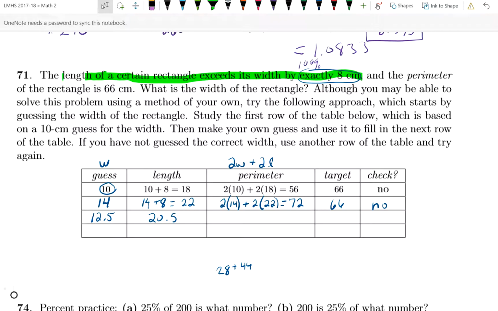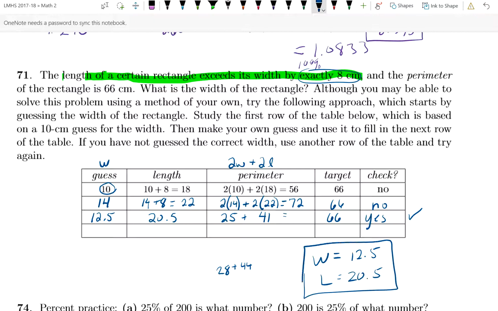So 2 times 12.5 would be 25, I'm just going to put 25 here, and 2 times 20.5 is 41. That is 66. Yes, check. So the width is 12.5, and the length is 20.5. All right, questions there?